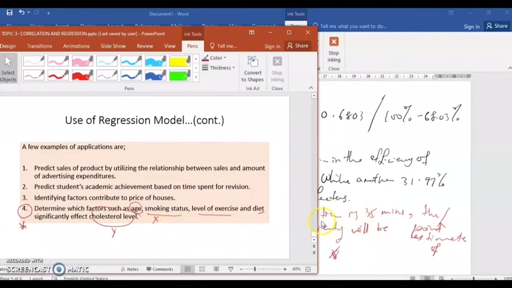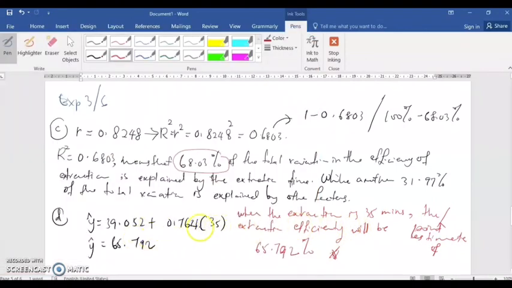So this time it is more about the explanation. Okay, explanation of the regression line. So you obtain the regression line and you explain the value, and then you need to explain also the R square, coefficient of determination, and explain in terms of the result, the expected future outcome. Okay, that's all for that. Thank you.